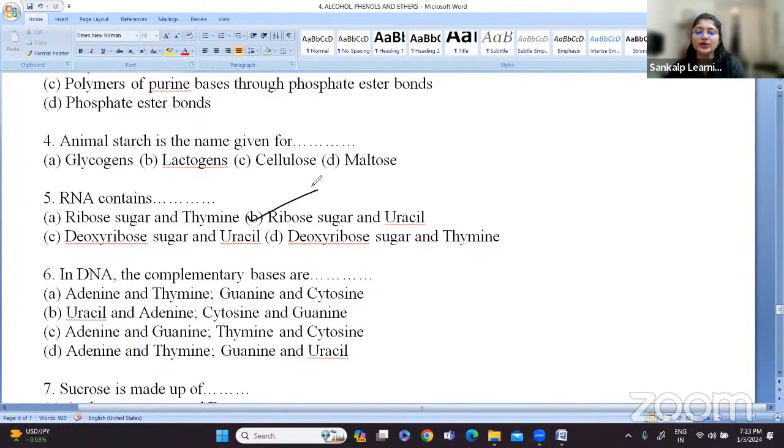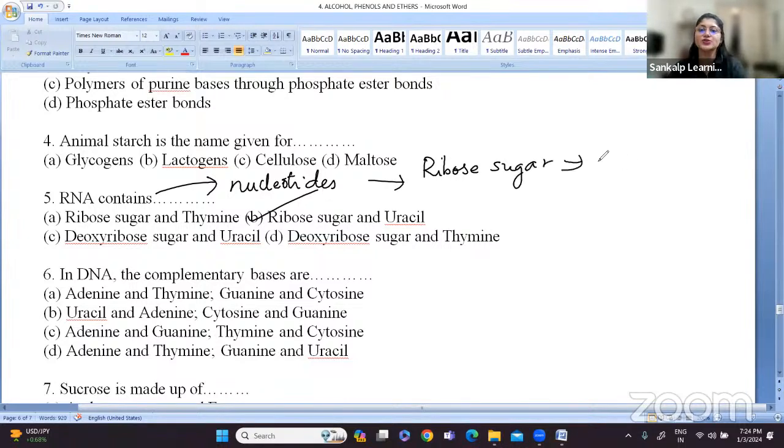So what is ribonucleic acid? RNA is a molecule which is present in the majority of living organisms and viruses. It is made up of nucleotides, in which ribose sugar is present, attached to the nitrogenous bases and the phosphate groups.